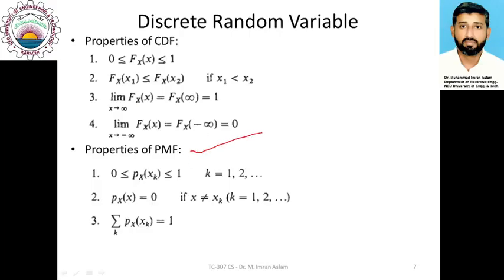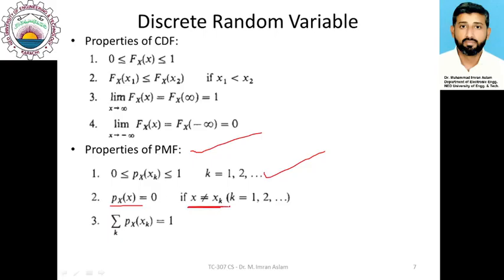If I ask you the properties of PMF, you can easily see that it represents a probability, so it can take a value between 0 and 1. There is no other value, only between 0 and 1. The PMF would have some value only for the points where you have a sample point xk.